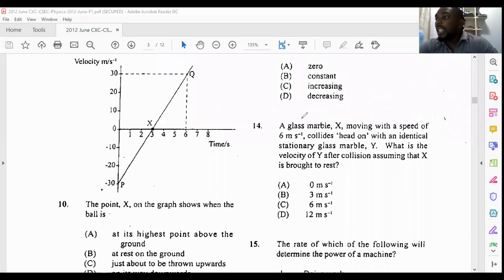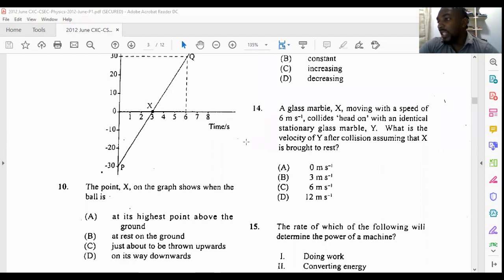Number 14, it says a glass marble X moving with a speed of 6 meters per second collides head-on with an identical stationary glass marble Y. What is the velocity of Y after, assuming that X is brought to rest? Good.